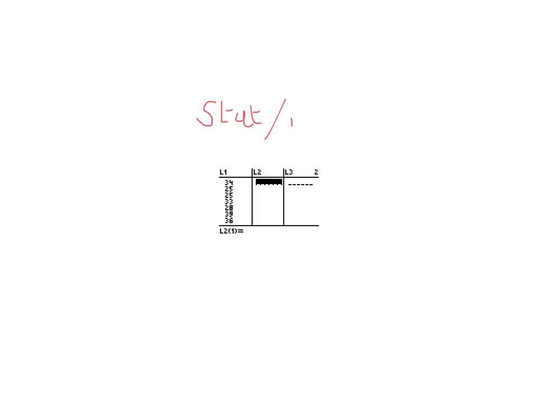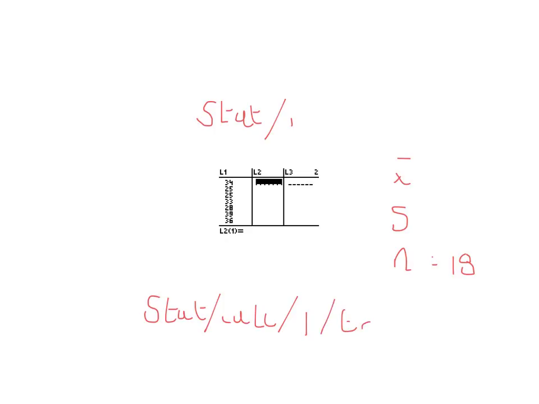So then I need a sample mean, I need a sample standard deviation, and I know, of course, that n is 18. So I went ahead and I did stat calculate, one variable statistics, and I hit enter, and it gives me the following screen.